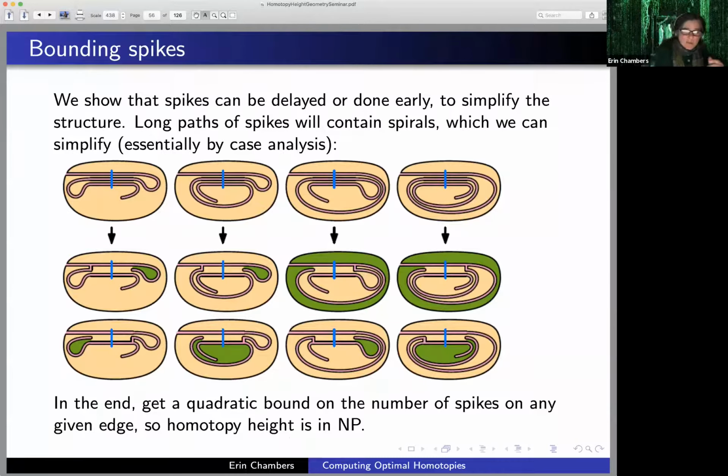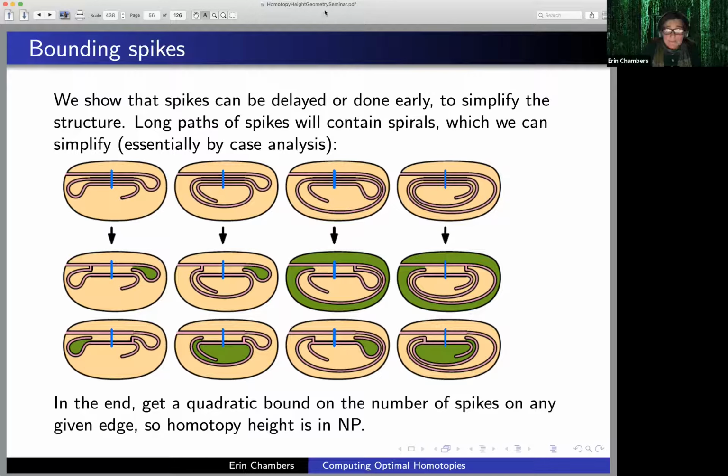Essentially what we're showing here is the case analysis of, suppose you spike, and this is what the rest of the curve does, not near me. How can I simplify and remove one of the spikes and have an equivalent curve? And how can I simplify again? So a decent portion of this paper is this case analysis of here are the possibilities.